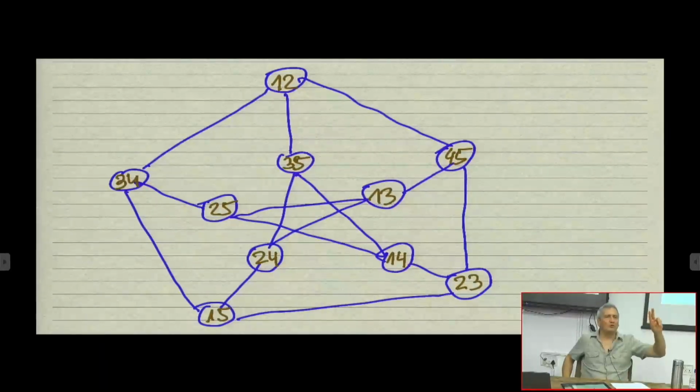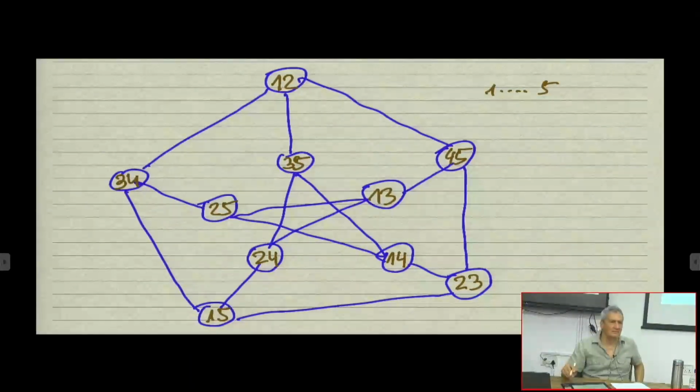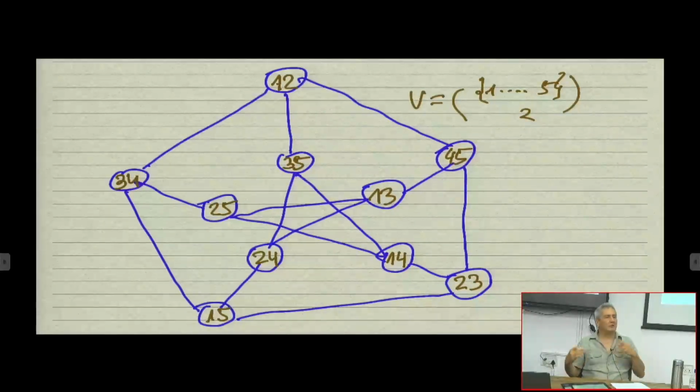We take all subsets of size 2 from 1 to 5. There are 10. And then we connect two subsets if the intersection is empty. You see 3, 4, and 1, 3 intersection is empty. And if we do this, we get the Petersen graph. Okay?